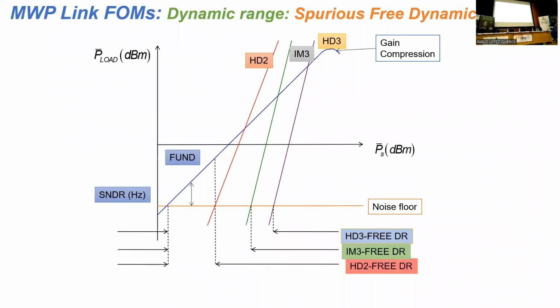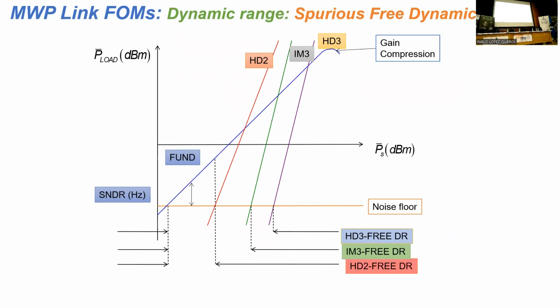These have slope 1, slope 2, and slope 3. So really your usable margin will be this part. This is the range of power if you are limited by second order intermodulation or distortion. If you're limited by third order, this will be your usable margin.